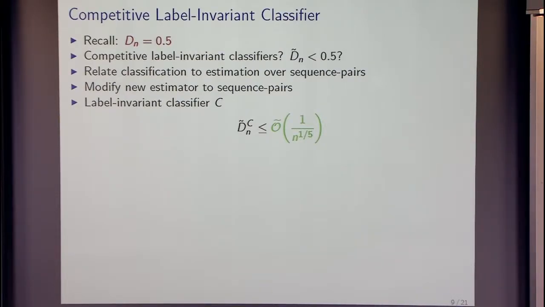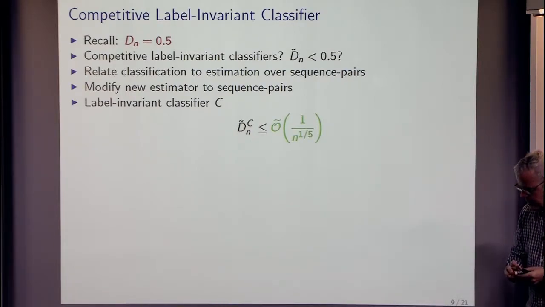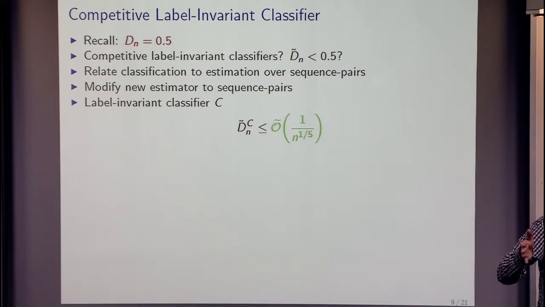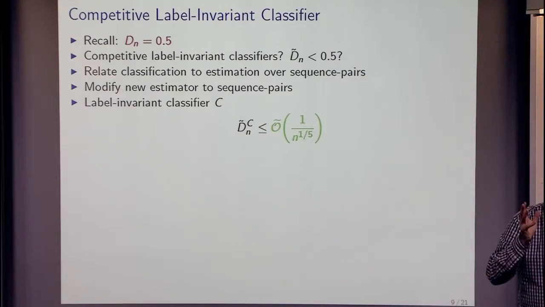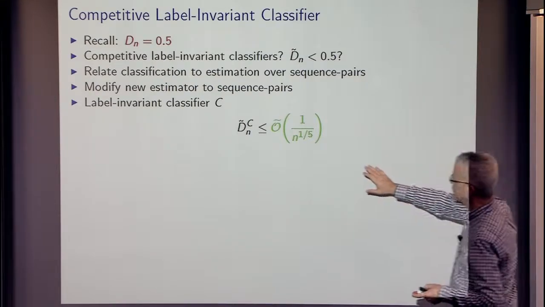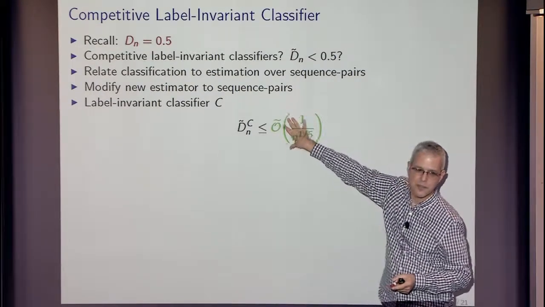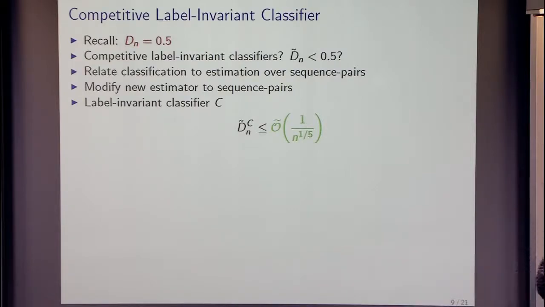But if you just try to compare yourself to someone who is label invariant, or you can say someone who knows the distribution up to a permutation, then you can actually come up with a classifier that is competitive. So this is what that shows.